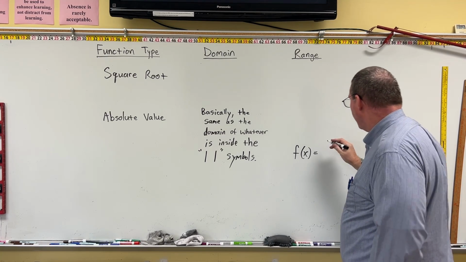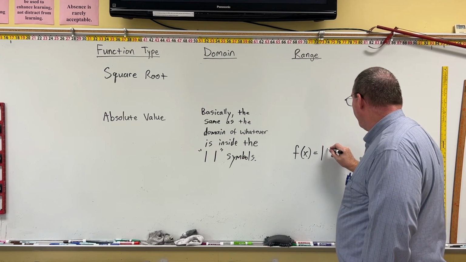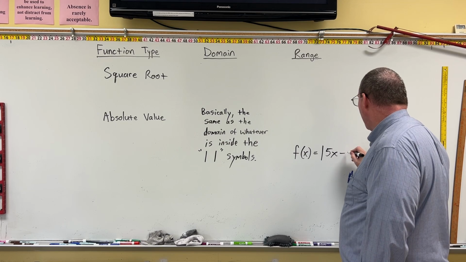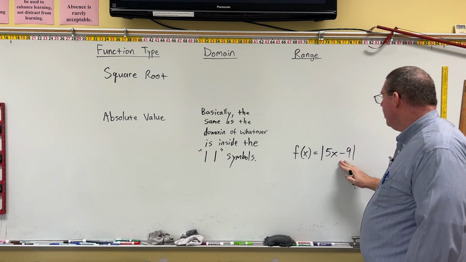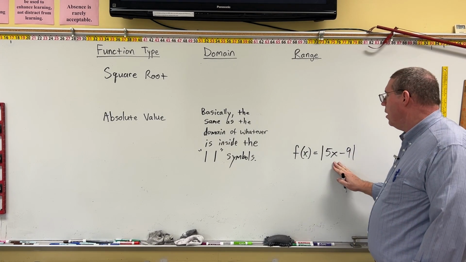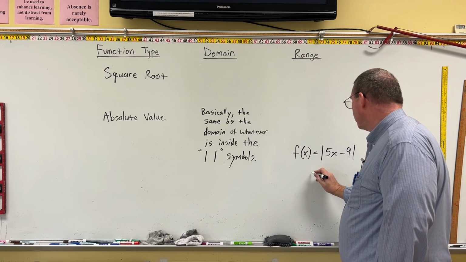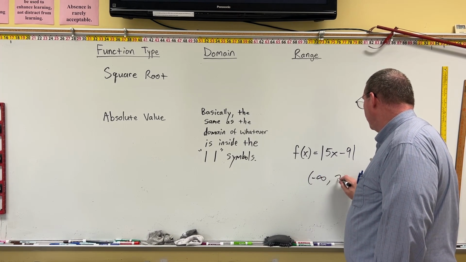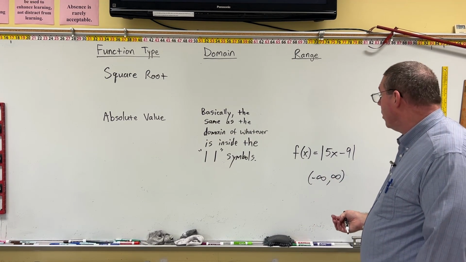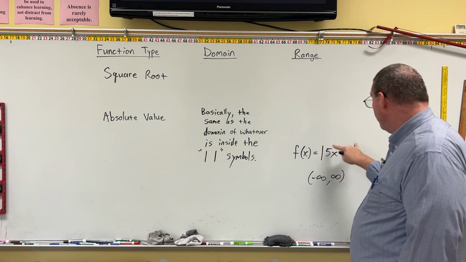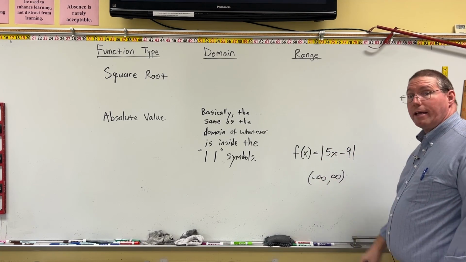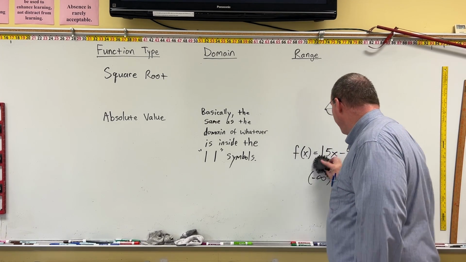But let's say that it's the absolute value of 5x minus 9. Well, this is a linear function inside, and we know that the domain of a linear function is negative infinity to positive infinity. And therefore, the domain of this absolute value function would also be negative infinity to positive infinity.